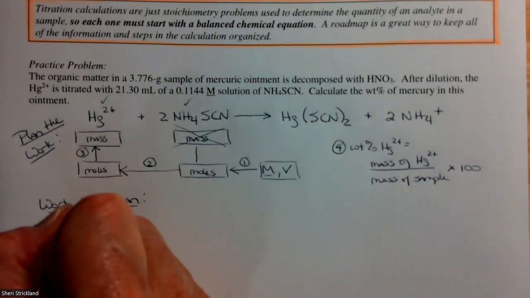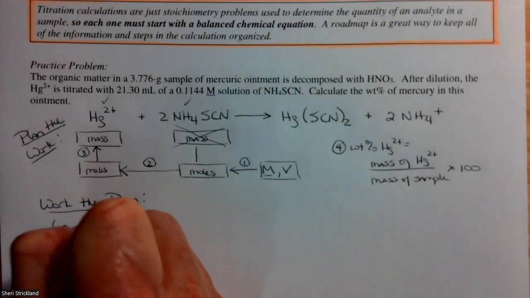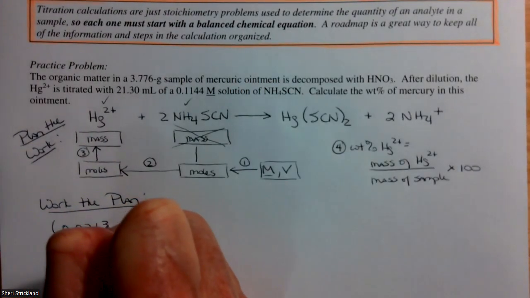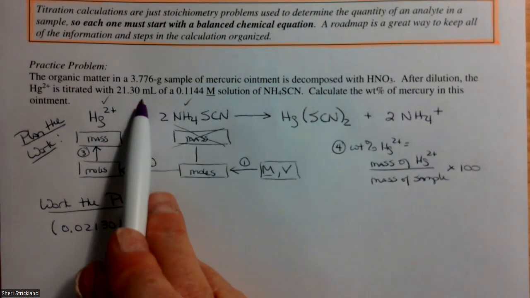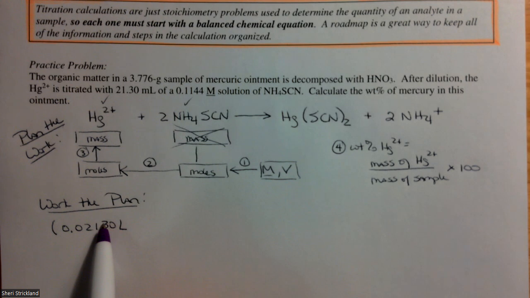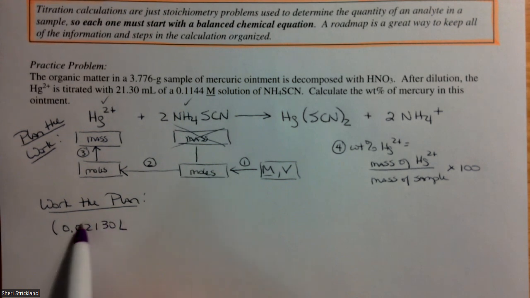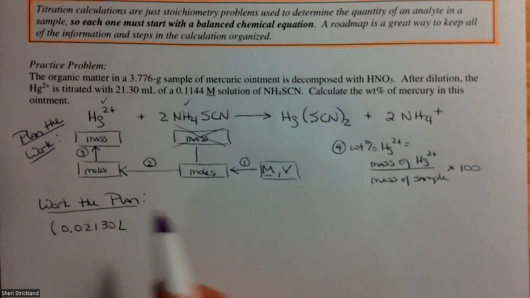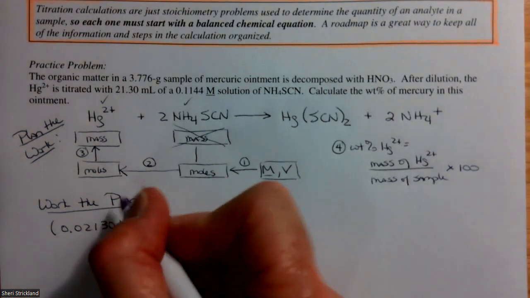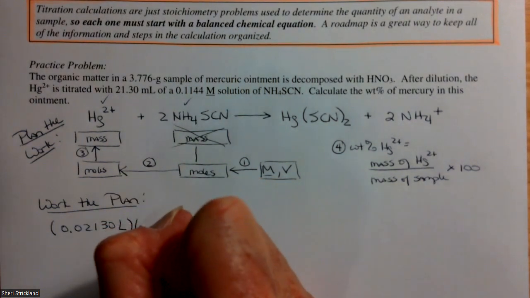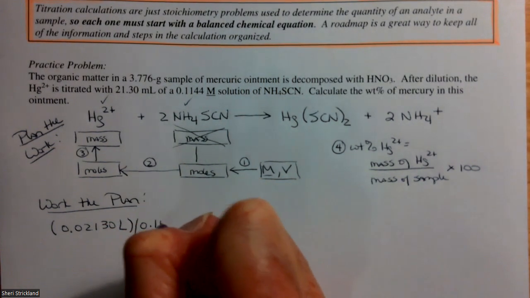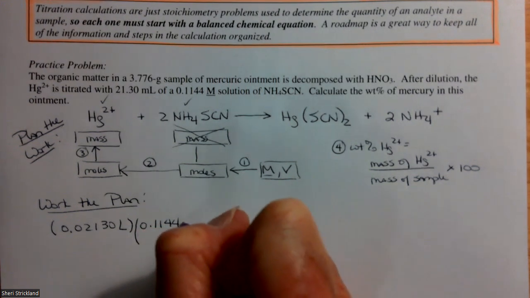So we've got the volume, in liters. Now, up here in the problem, it was in milliliters. I could have done this in milliliters here, or you can convert it to liters before you start. So I thought this time we'd just do it that way. And we'll use the molarity just as is, in moles per liter.